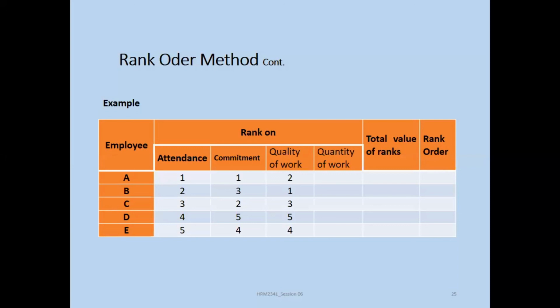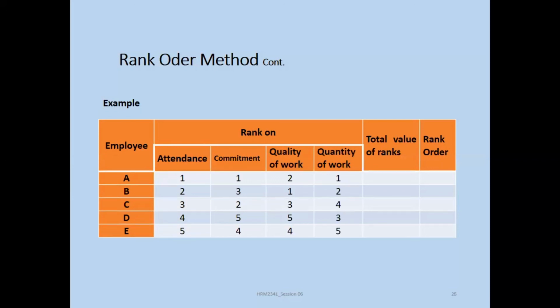The second best person is employee A, and then employee C, E, and D, we can rank on quality of work.